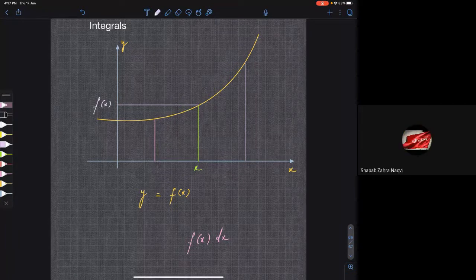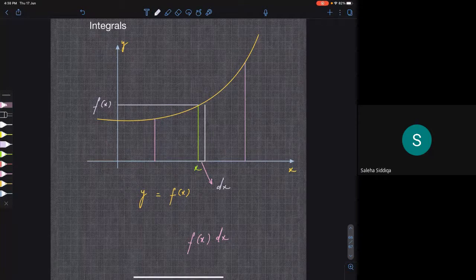Now, what is beside f of x here? It is dx, right? So here I'll take a small increment in x, which is dx. What is this value? This is dx.